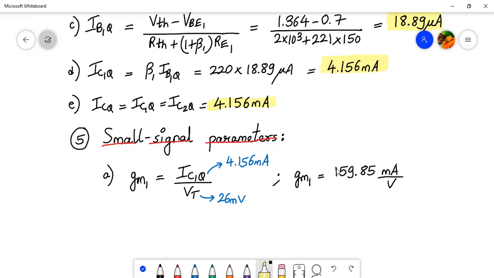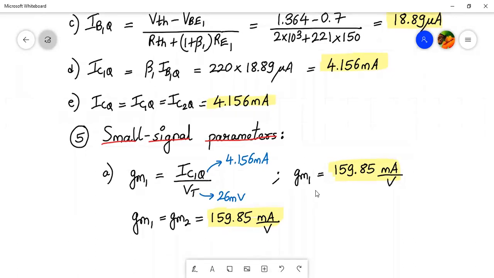So we'll highlight it. Now, since IC1 and IC2 are the same for both the stages, gm1 is equal to gm2, which is equal to 159.85 milliampere per volt. So this is the value of gm1 and gm2.